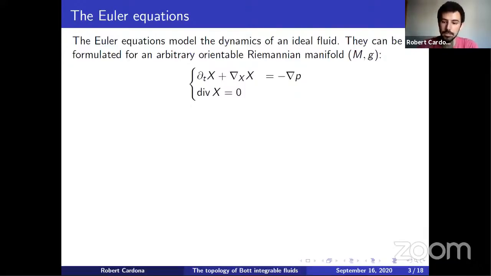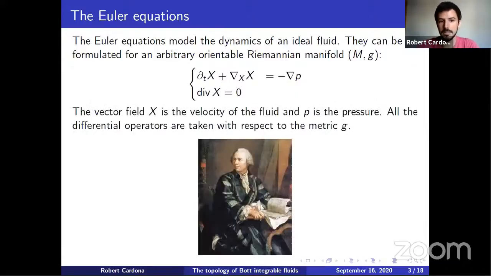These are the equations, where X is the velocity of the fluid, and p is a scalar function called the pressure. All the differential operators are taken with respect to the metric that I fixed initially. And here's a photo of Euler.